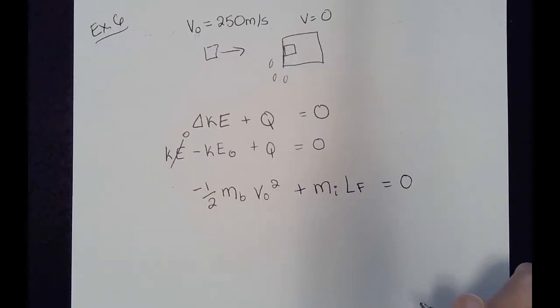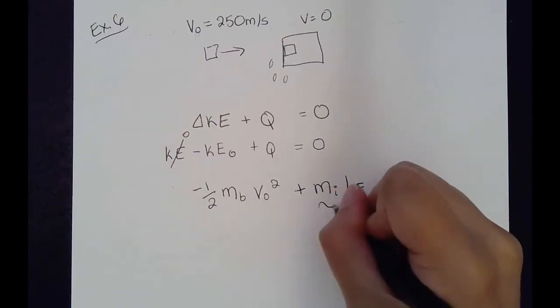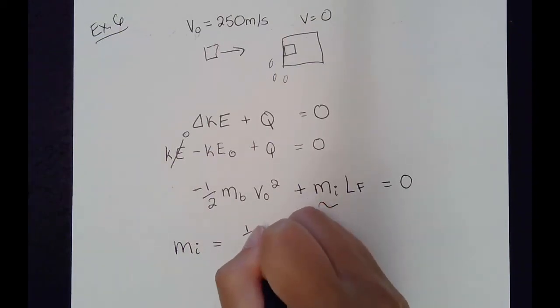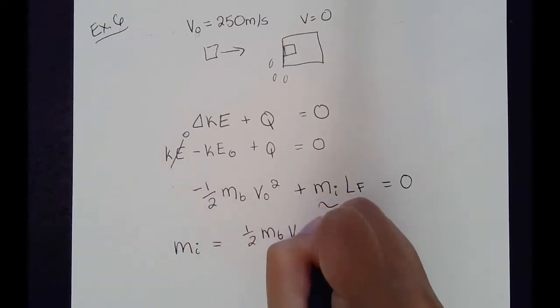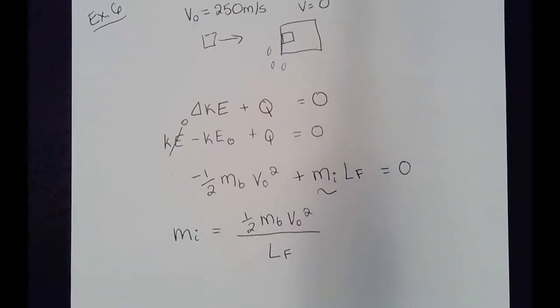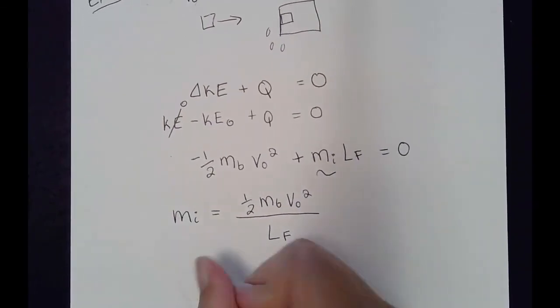And now we're solving for how much ice melts, so this mass of ice is our unknown. The mass of ice equals 1/2 the mass of the bullet, v0 squared, divided by the latent heat of fusion of water.